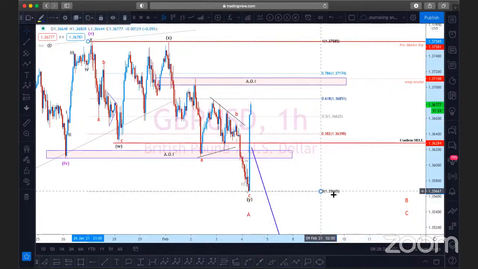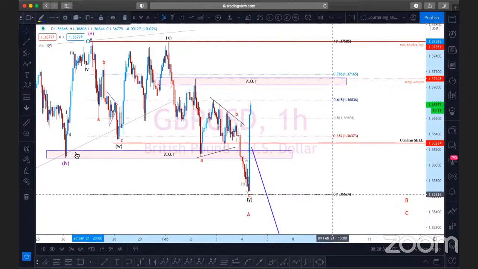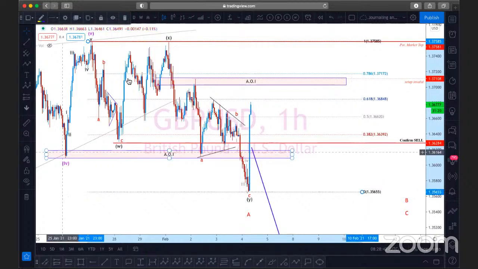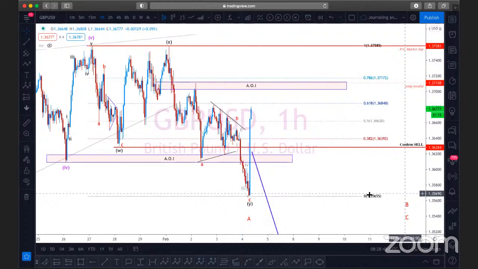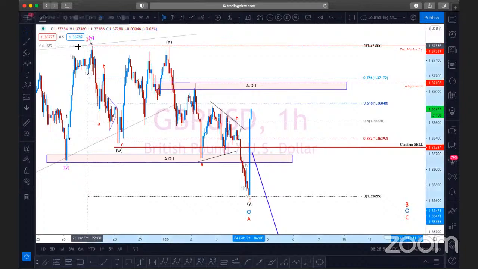And all we're doing is just making market projections, right? Now, generally, wave B retraces about 61.8% of wave A.